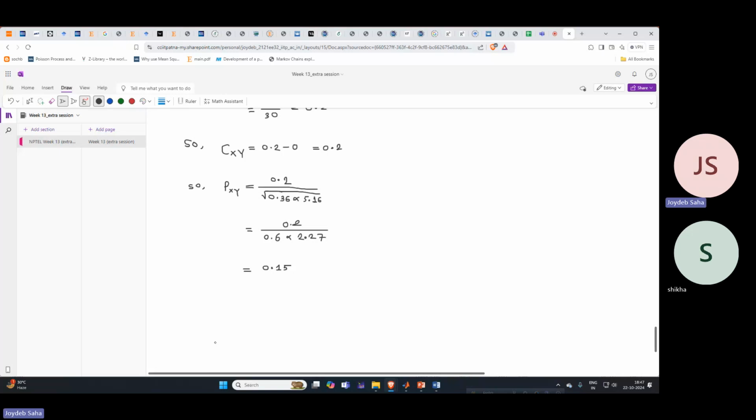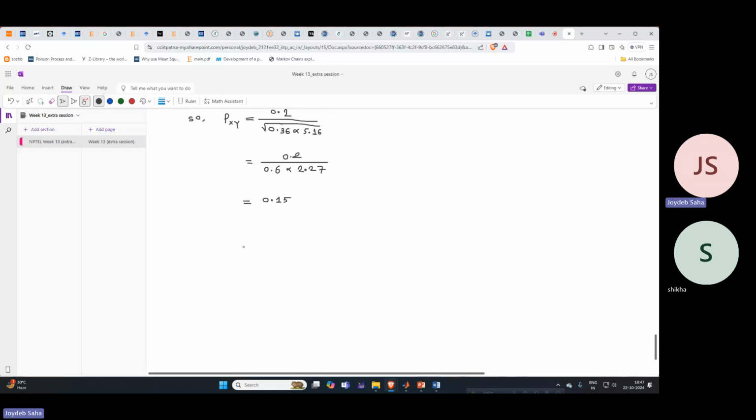This is a very interesting problem. Example 2. Again the joint PDF is given.